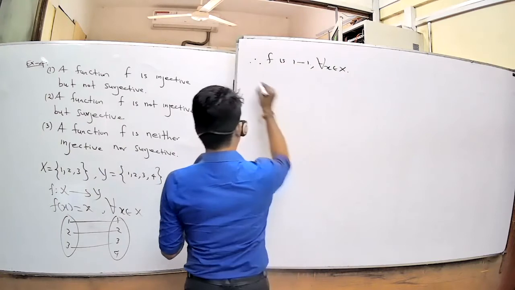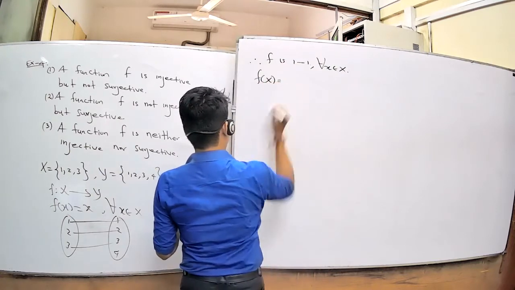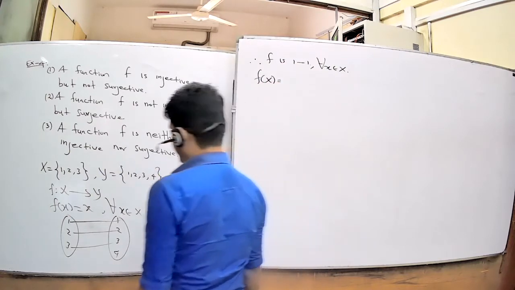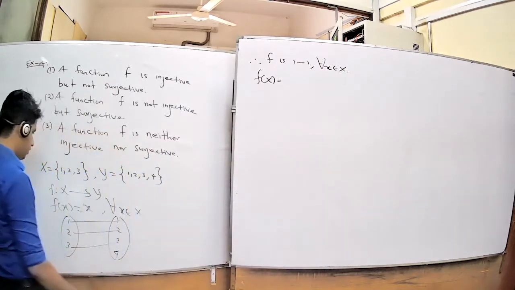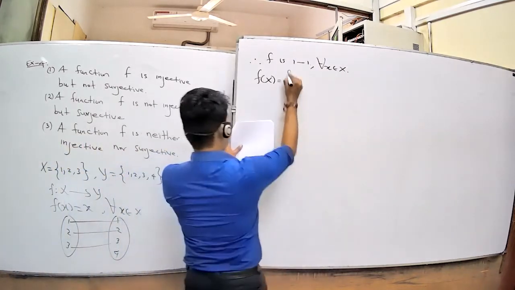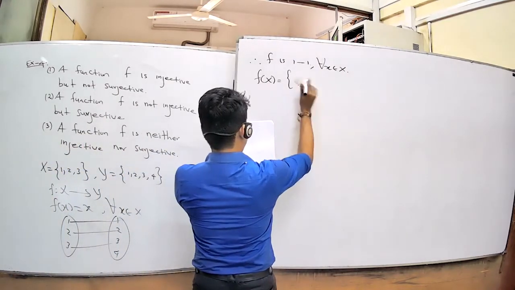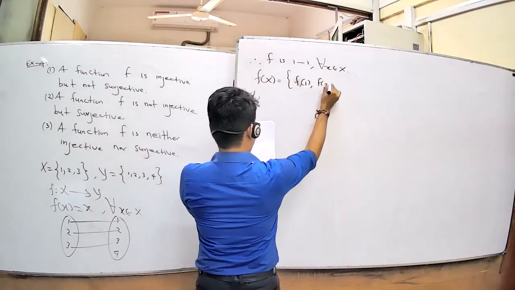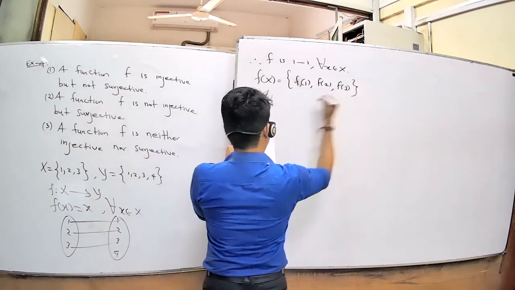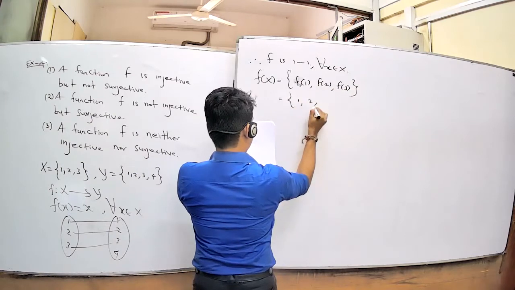Now, what is f of x? You want to show whether f of x equals Y for the onto condition. The image is f of 1 equals 1, f of 2 equals 2, f of 3 equals 3.